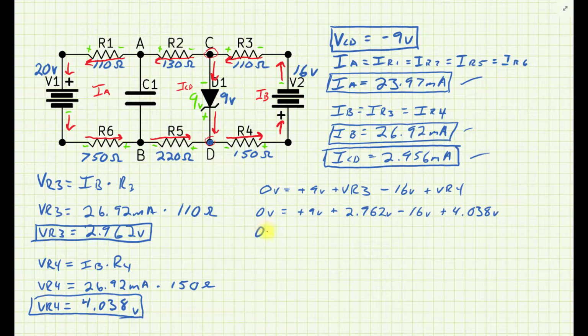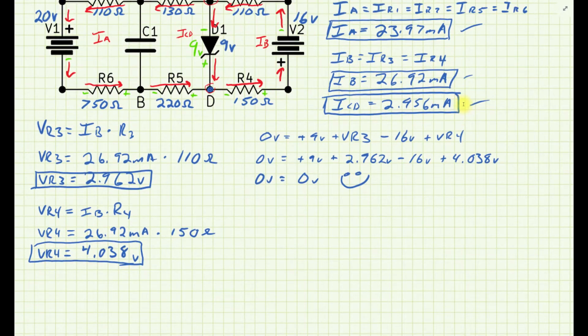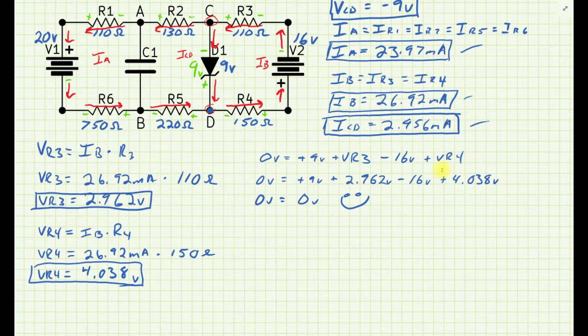So 0 volts equals 0 volts. My Kirchhoff worked out, and Kirchhoff is feeling good right now. Okay, so I'm now going to solve for those remaining components. I'm going to do R1, R2, R5, and R6, and then we'll double check again.